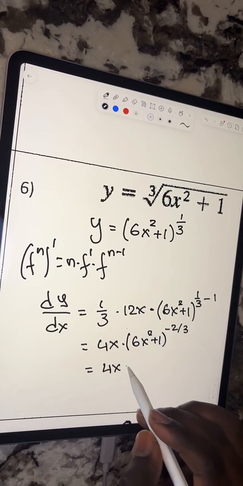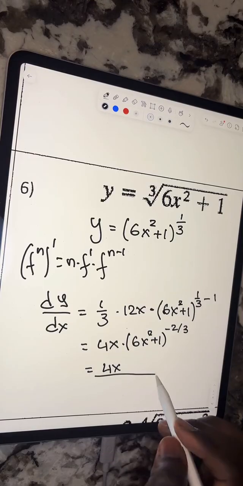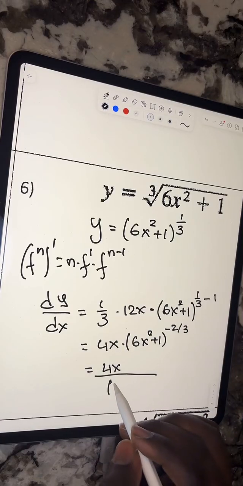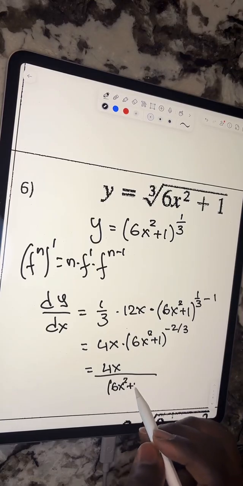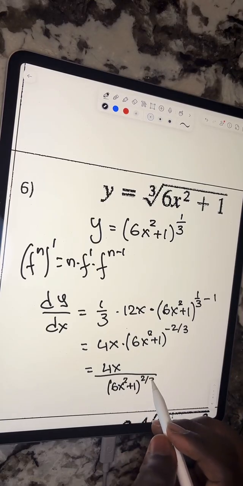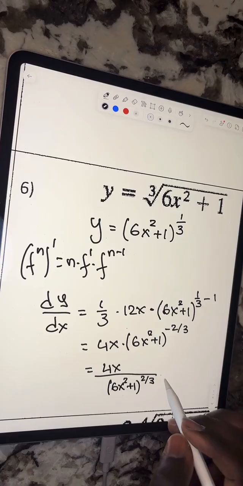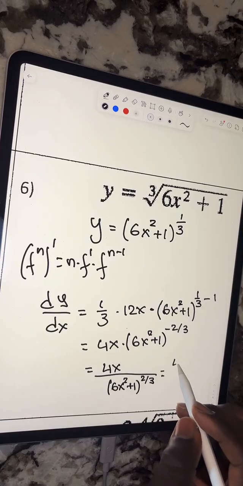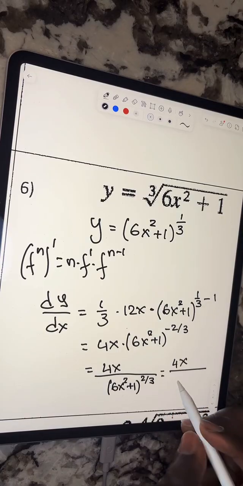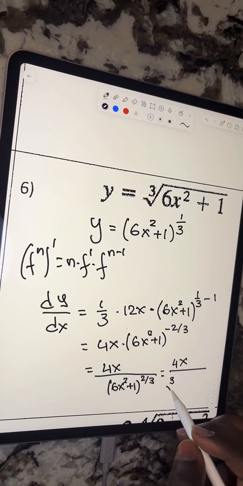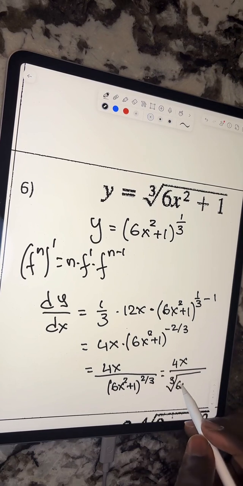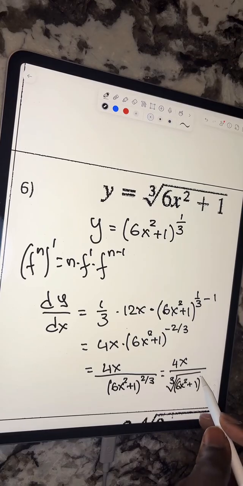Write as 4x over 6x squared plus 1 to the power of 2/3 using the properties of exponents. And even further, if you want, we can write it as 4x over cubic root of 6x squared plus 1 to the power of 2. Boom, here's your answer.